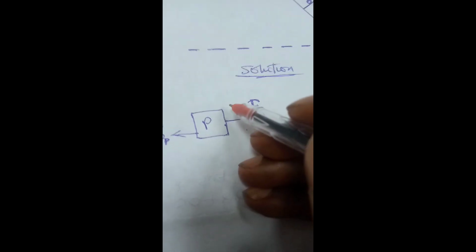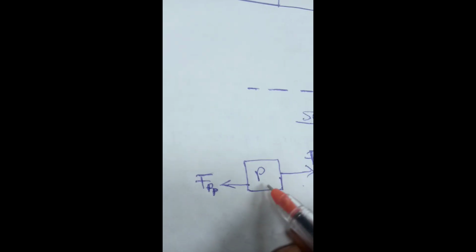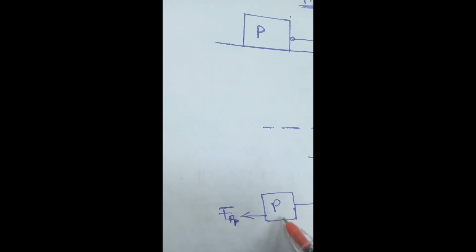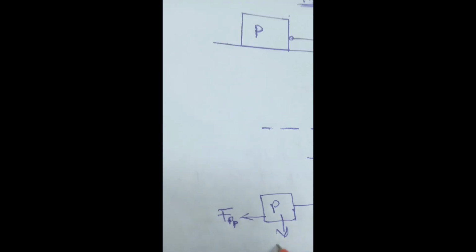Now, having done that, remember this object is exerting its own weight on the surface. So the weight of this object will be downward.